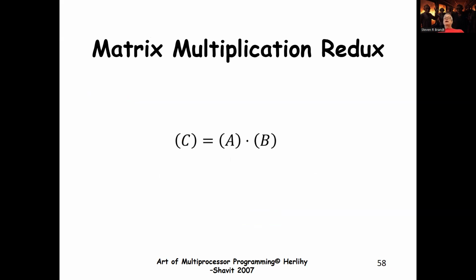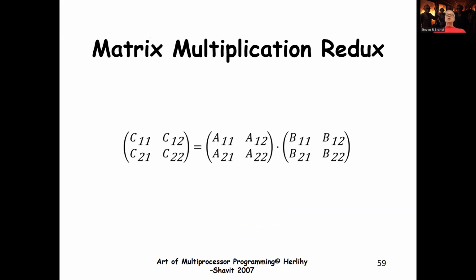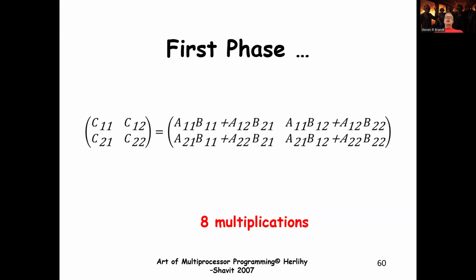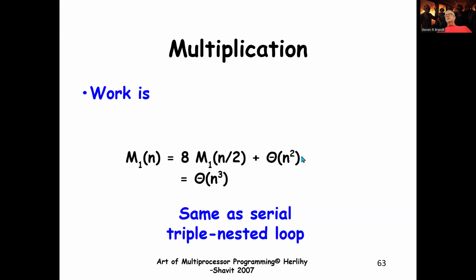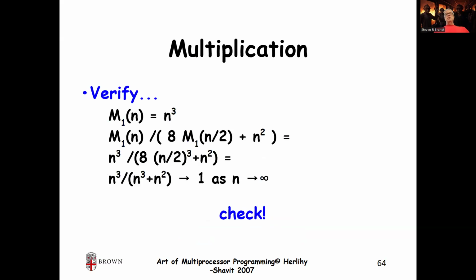Okay. And for matrix multiplication, it's going to look like this, and that's going to look like this. It's 8 multiplications and 4 additions. So the amount of work for multiplication is going to be 8 times the half-size thing plus the addition. That works out to be order n cubed, which you can also verify.